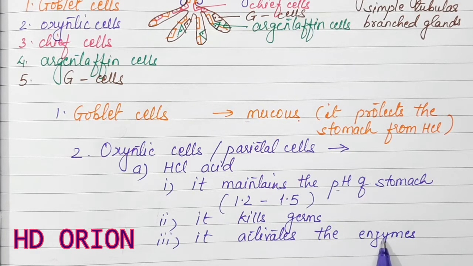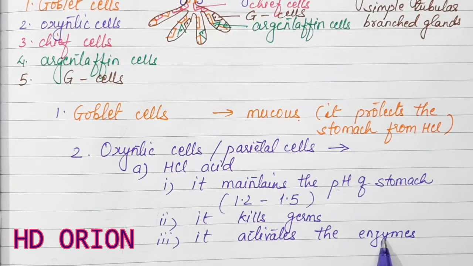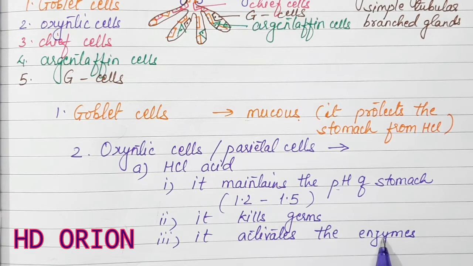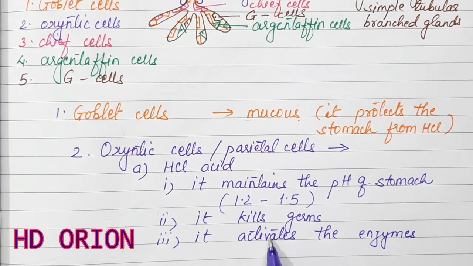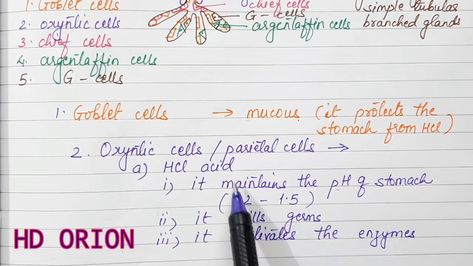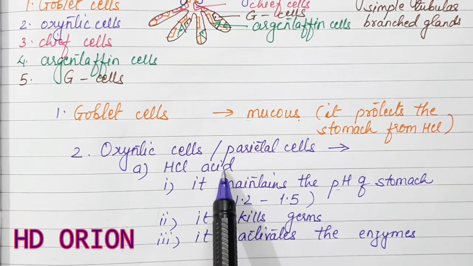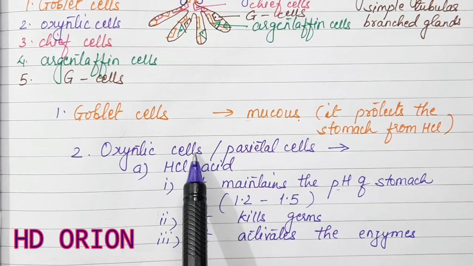So when the food is not provided, the enzymes may act on the stomach cells or the self cells itself. So whenever the food comes, the inactive enzymes become activated. The rest of the time they remain in the inactivated stage. So who makes them activated? It's the HCl. So the HCl activates the enzymes. So these are the functions of the hydrochloric acid. So who produces the hydrochloric acid? The oxyntic cells. They are very few in number and they are large cells.